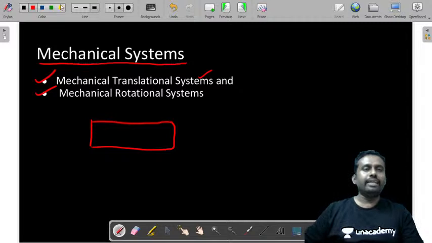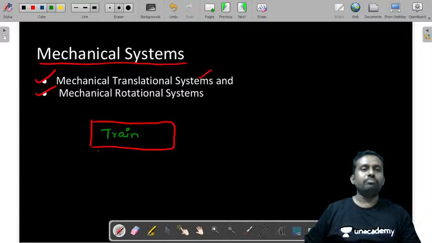See, consider a train that's moving. Most of the mechanical students will understand mechanical translational and mechanical rotational systems very easily. Coming to electrical, electronics, and instrumentation students, this concept has to be explained with examples which are much easier to understand.